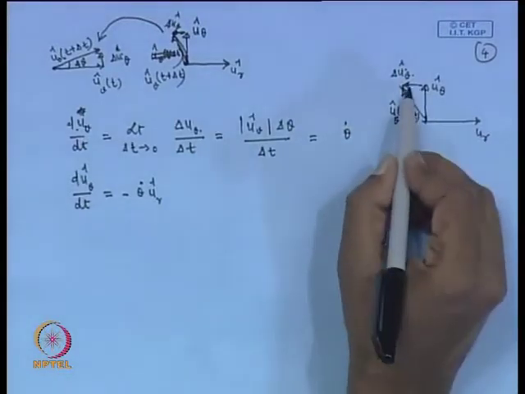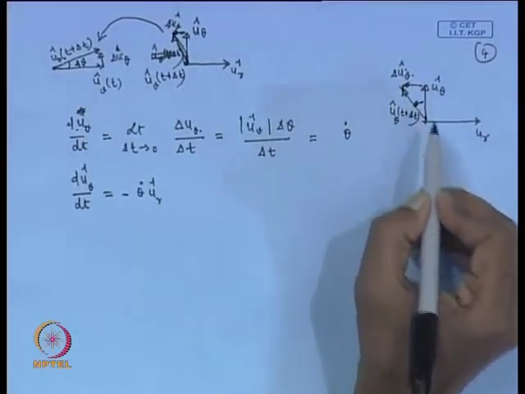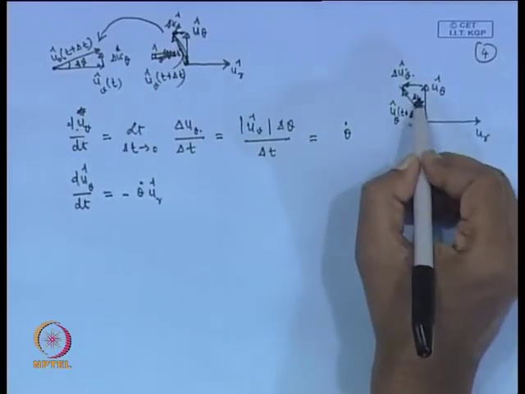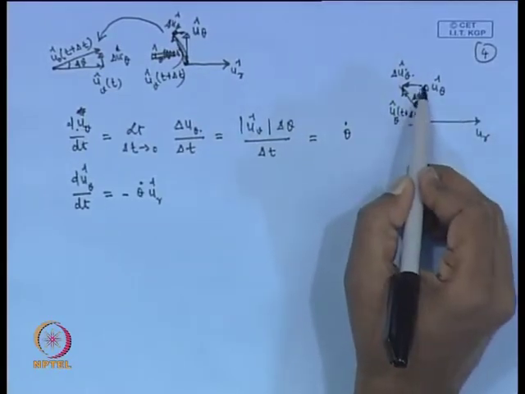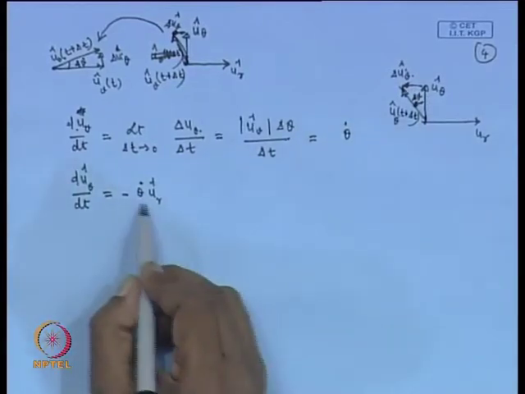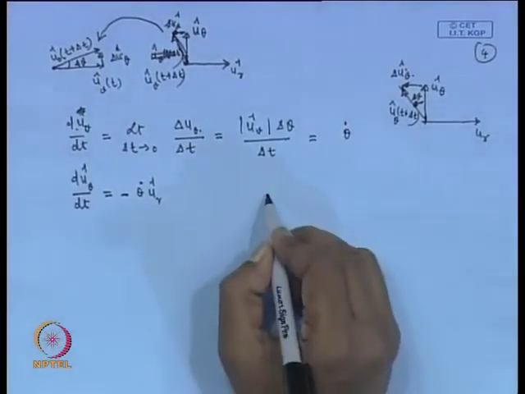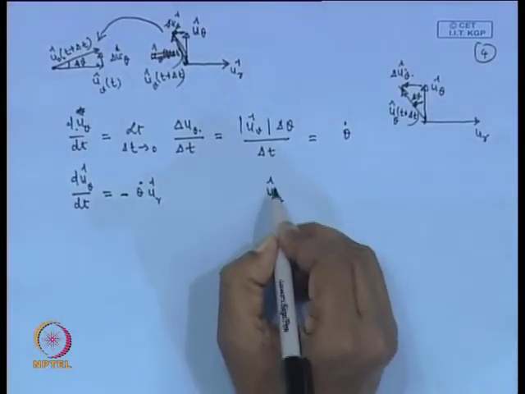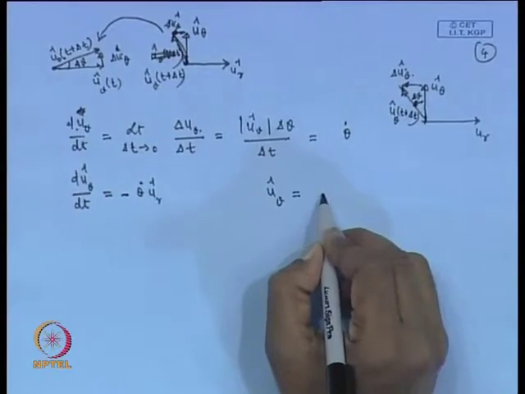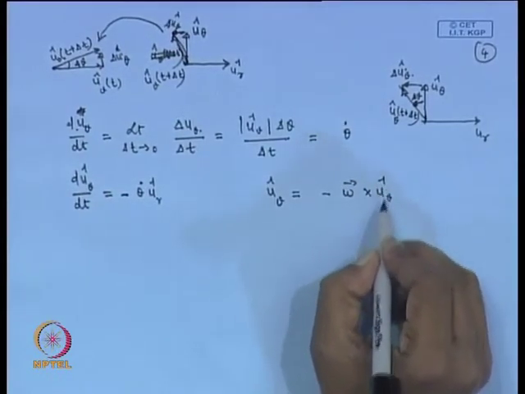Okay. So, this delta u theta, as delta theta becomes very small or delta t becomes very small, this is delta theta. So, this vector just becomes opposite to the u r vector. So, we have written with a minus sign here in this place. So, in general we can write u theta dot is equal to minus omega cross u r cap.